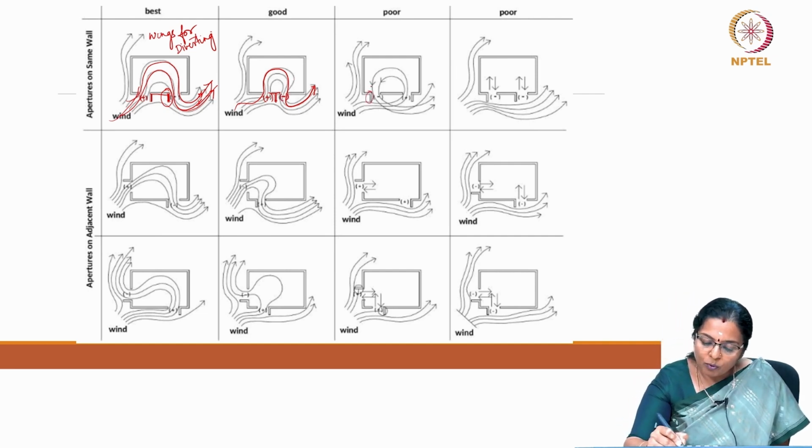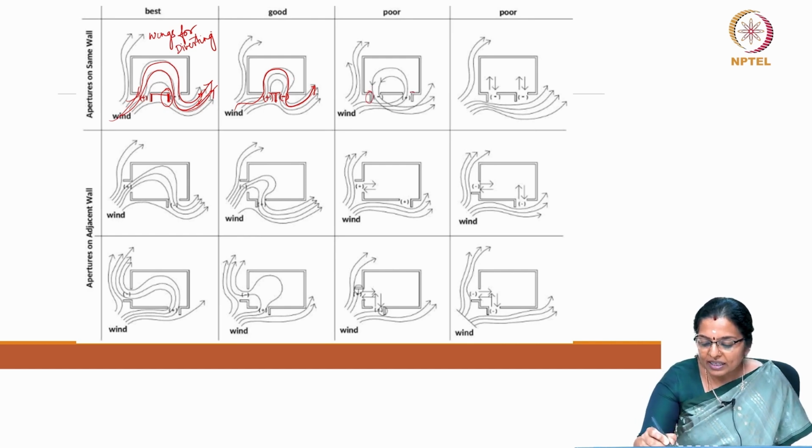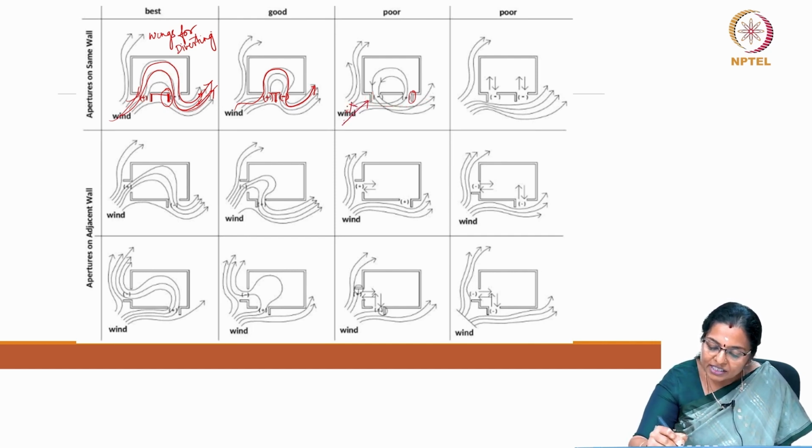This is a very poor design, because when the wings are located in this manner, it is actually deflecting the breeze away rather than directing the breeze inside. So, the breeze is not getting directed inside.